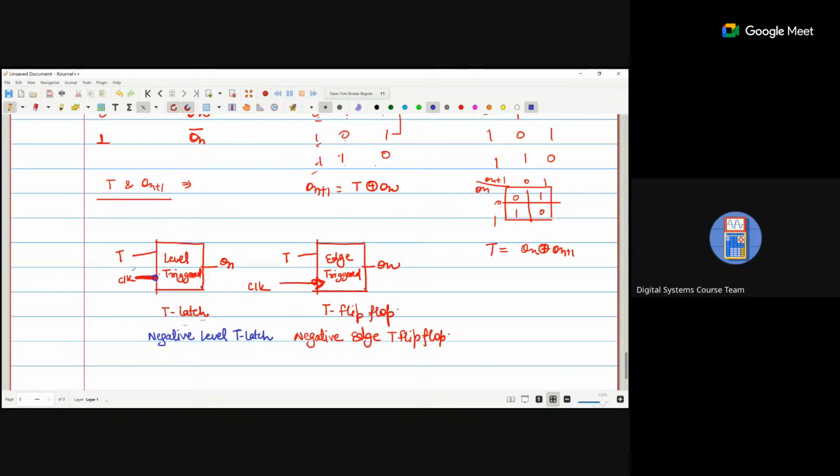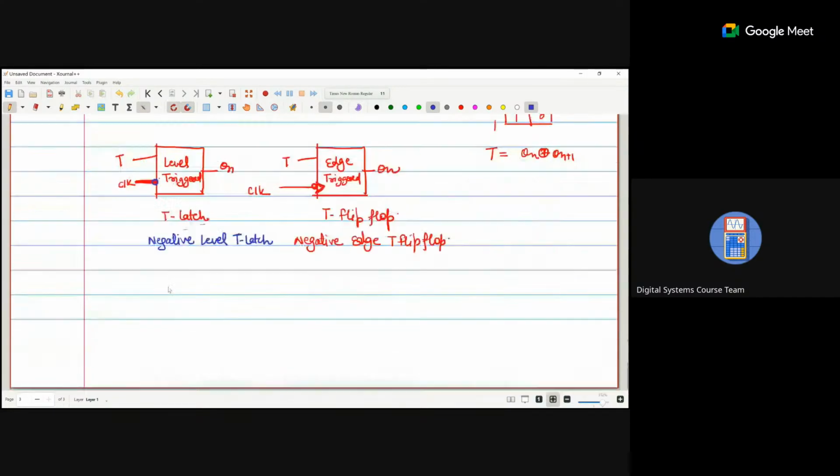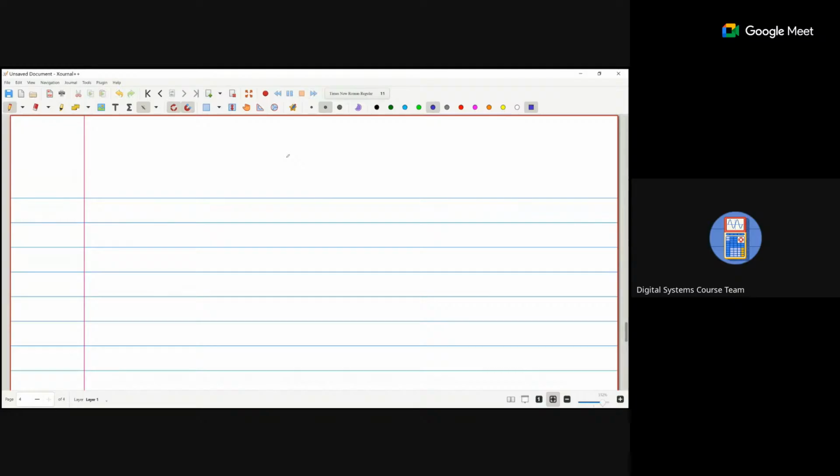Okay. Now this excitation table is also very important for flip-flop conversion.